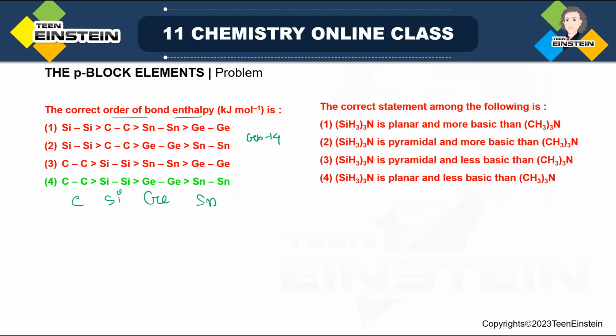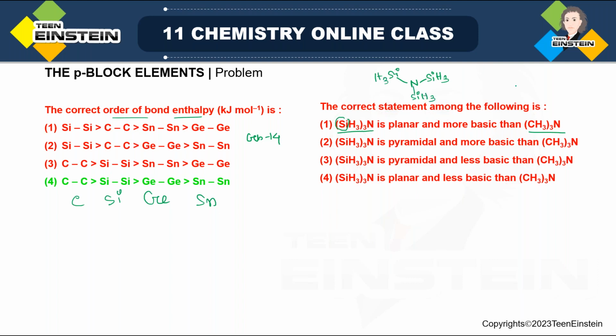Now in this problem, at first glance it may seem odd that we have a nitrogen element, because that belongs to group 15. But if you look at these two compounds, what is the difference? Here we have (SiH3)3N, that means 3 SiH3 groups attached to nitrogen.